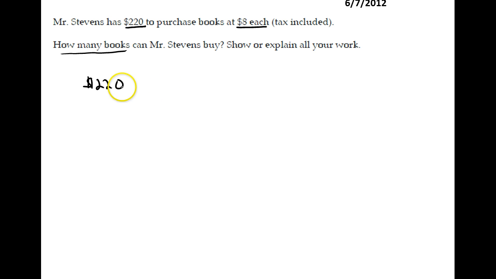So one book costs $8. And so we're going to end up dividing. We take the $220, we divide it by 8 to get the total number of books.